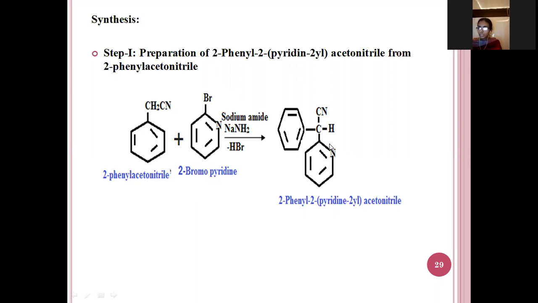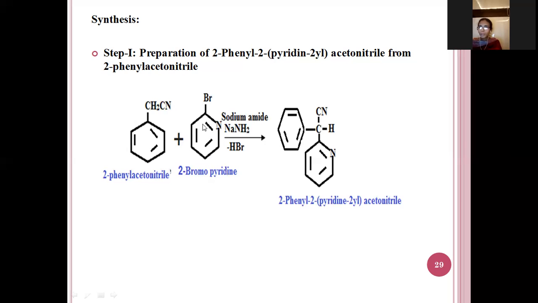See here, the pyridine structure has been attached, so it is 2-phenyl-2-pyridin-2-yl acetonitrile. When 2-phenyl acetonitrile is reacted with 2-bromopyridine in presence of sodium amide, one of the hydrogen atoms from the 2-phenyl acetonitrile and the bromine from the 2-bromopyridine are eliminated.